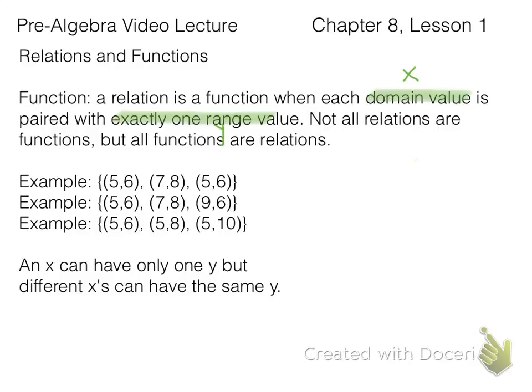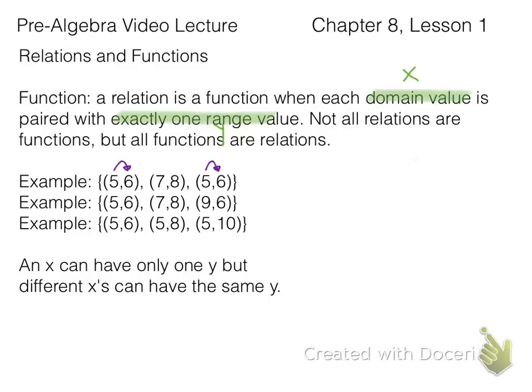First example I have is {5, 6}, {7, 8}, and {5, 6}. This is a function because the 5 is only paired with the 6. And again, when they're in the braces, we only care about what's in the braces. It's kind of like these things are their own little world, and we're only looking at that world at that moment. We only have these things in those braces, so that's only what we're going to look at.